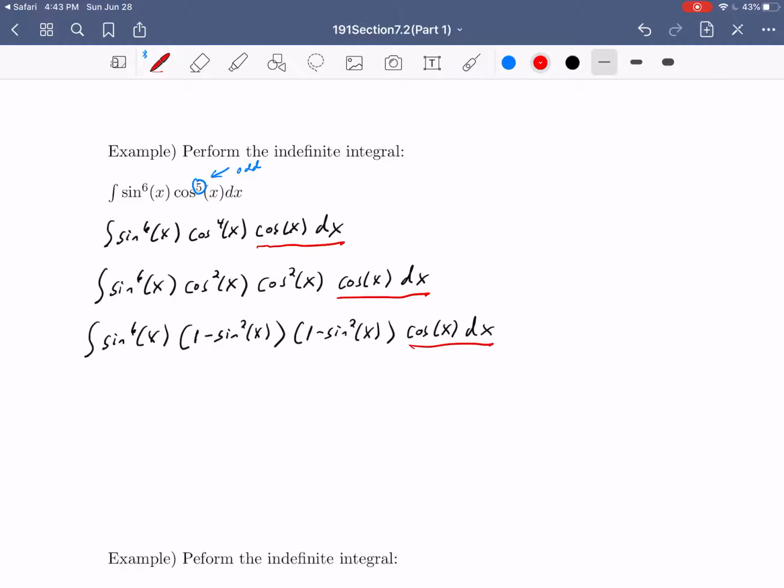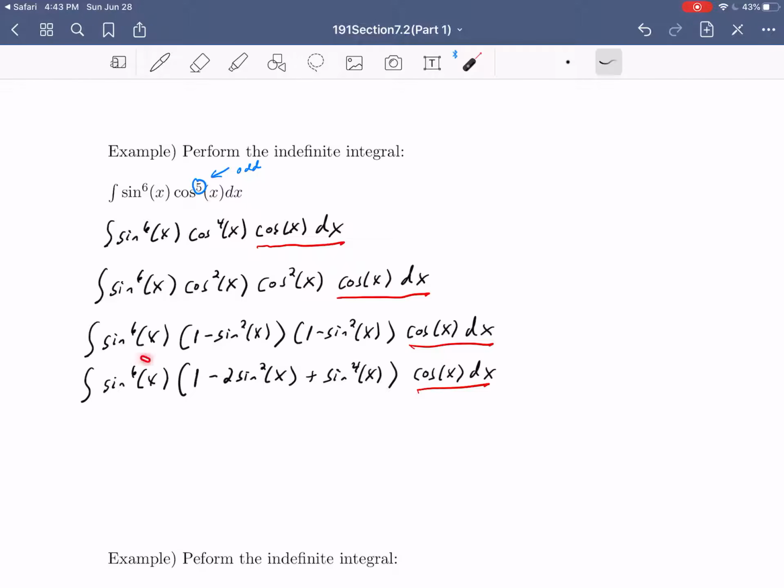We could go ahead and u-sub right now, but I'm going to go ahead and multiply this stuff out just so we can sort of take a look at it. This is now the integral sine 6x. If I FOIL these guys together, it looks like I'd get 1 minus 2 sine squared plus sine to the 4th x. And of course, the cosine x dx just keeps tagging along.